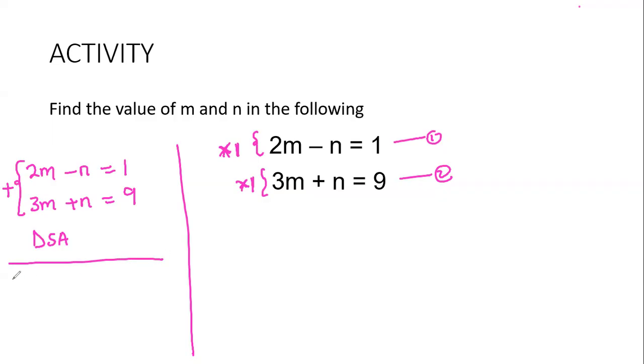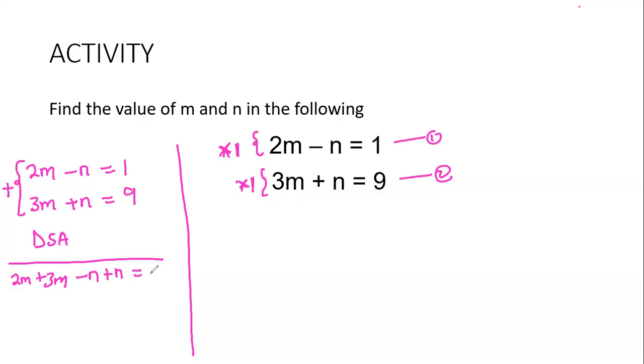So you get 2m plus 3m. Then negative n plus positive n.